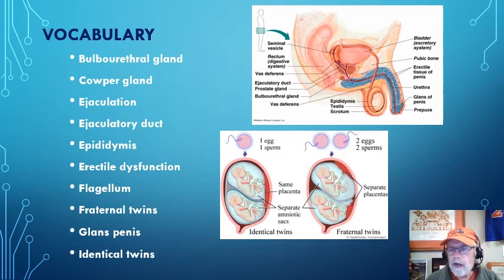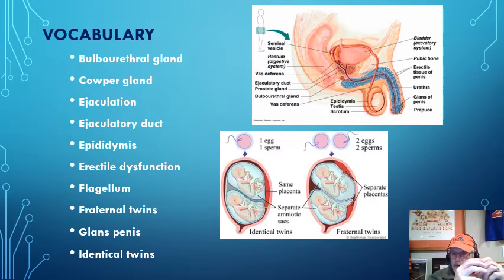Identical twins are identical not just because they look like each other, but because they have the same DNA. And the reason they have the same DNA is that there was one egg and one sperm, and they met together and fertilized. And that made a zygote. We talked about that before. That zygote comes down the fallopian tube and implants itself in the wall of the uterus, okay?